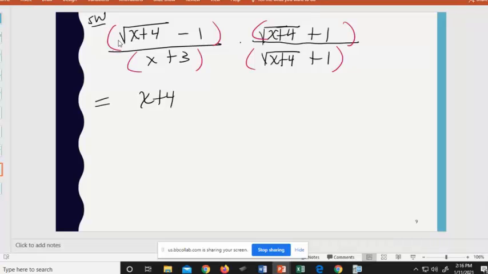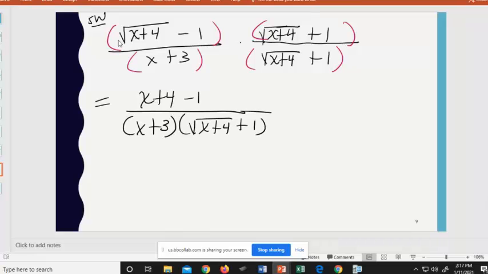So now I just have to multiply negative 1 by 1. So minus 1 over, and maybe don't distribute in the denominator. You see that? I'm not distributing for a reason. X plus 3 times square root of x plus 4 plus 1.